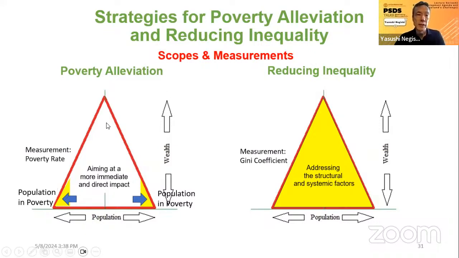Next slide on poverty alleviation. Then how do we measure? As I explained, we will apply the poverty rate to measure the poverty situation. And the scope is, since poor people need immediate support, in order to provide assistance, we have to aim for immediate and direct impact on those poor people, because they do not have much financial resources.